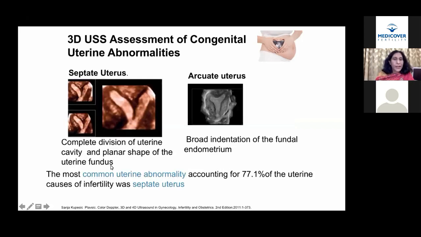Septate: complete division of the uterine cavity and planar surface of the uterine fundus. Arcuate: when there is a broad indentation of the fundal endometrium. The most common uterine abnormality, accounting for 77% of the uterine causes of infertility, was septate uterus. This study said that about 77% can have septate uterus.